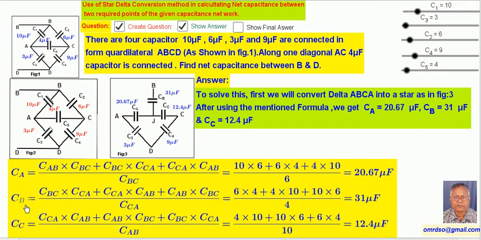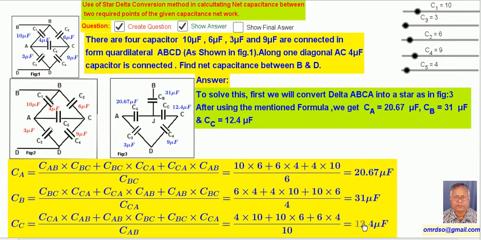Similarly CB is CBC into CCA plus CCA into CAB plus CAB into CBC, upon CCA. By putting the value and solving, I am getting 31 microfarad. Here it is. Similarly CC, you can calculate all this.